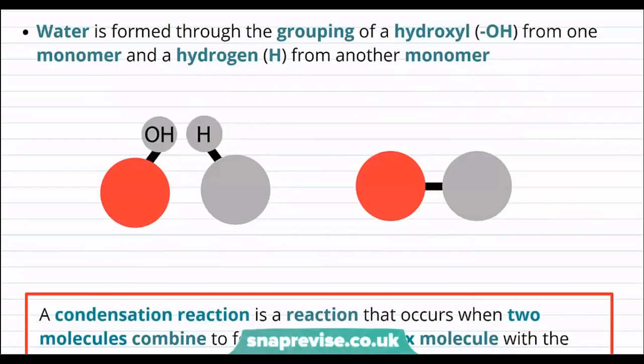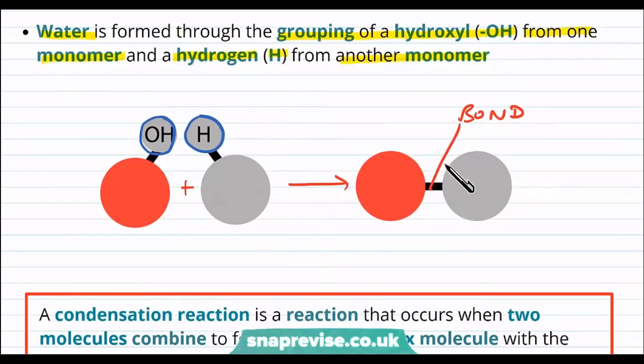How does the water get formed? Well, you need to look at the groups in the monomer. Whatever monomer we're talking about, whether this be an amino acid or a monosaccharide or whatever, there's always going to be the coming together of 2 groups. There's going to be the OH of one monomer and an H of another monomer. And this is where the water comes. It's called a hydroxyl group, which is an OH from one monomer, and a hydrogen just on its own as an H from another monomer. So as these 2 come together, they form their bond.